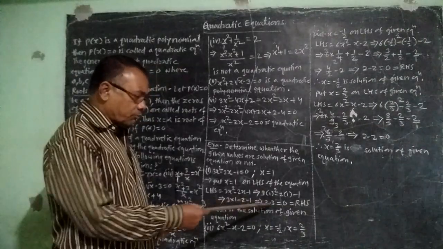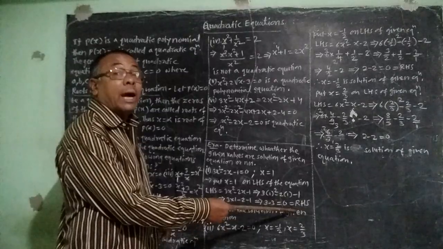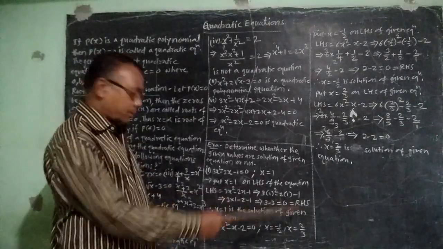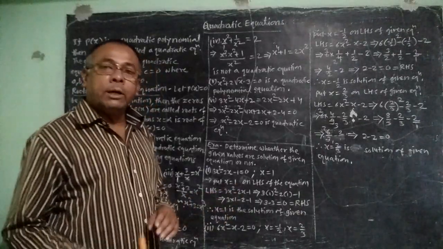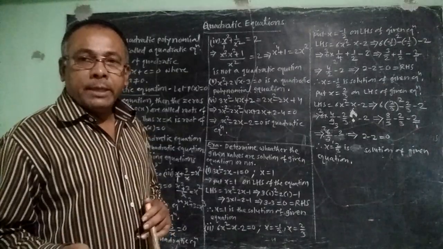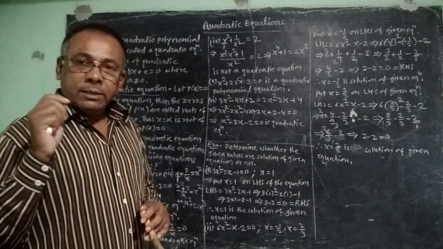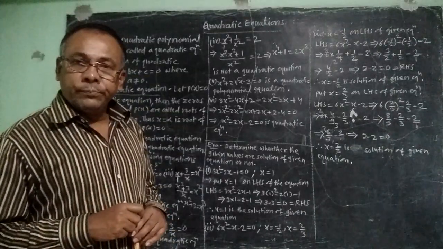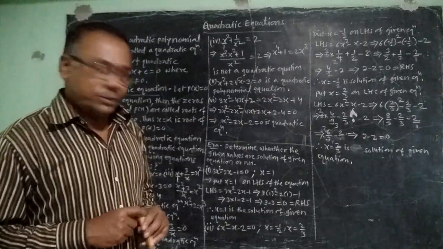Minus 2 and minus 1 will be minus 3. And 3 minus 3 is equal to 0, and that is our RHS of the equation. Therefore x is equal to 1 is the solution of the given equation. When we substitute x is equal to 1 in the given equation, we get the total value 0, and therefore x is equal to 1 is the solution.